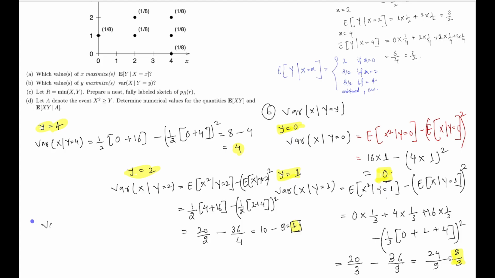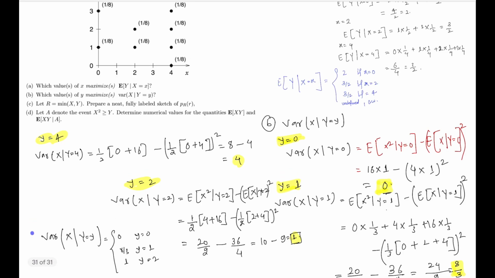So the conditional variance of this random variable x given y is equal to little y, that is equal to 0 when y is 0, equal to 8 divided by 3 when y is 1, equal to 1 when y is equal to 2, and no, here it will be 3, right?